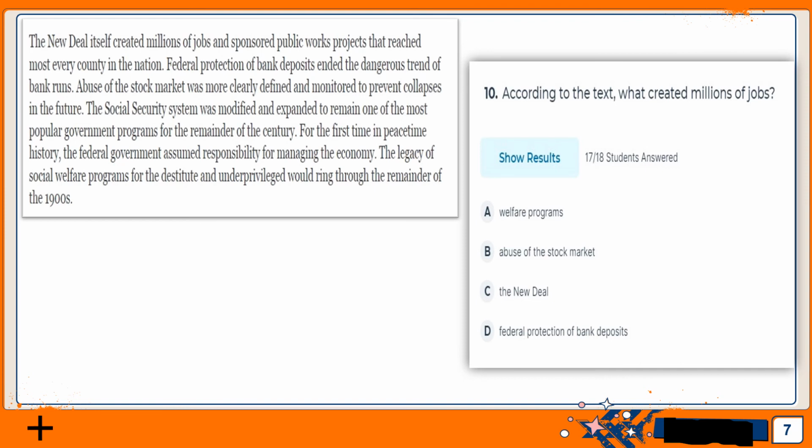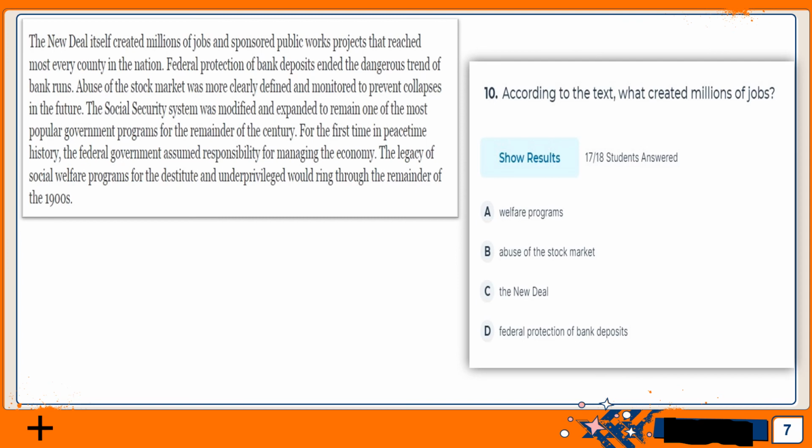We don't see the old deal. We don't see the future deal. We see the New Deal. We don't even need to look further. But let's just make sure. And we see D. Federal protection of bank deposits. Well, that ain't it. We go back to the first, cause the first will be last, and the last will be first.